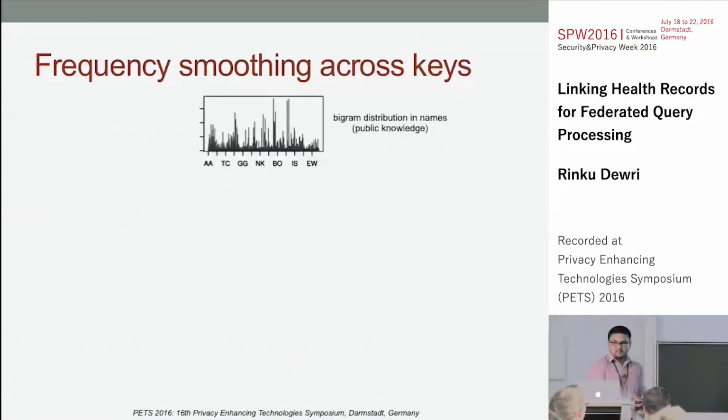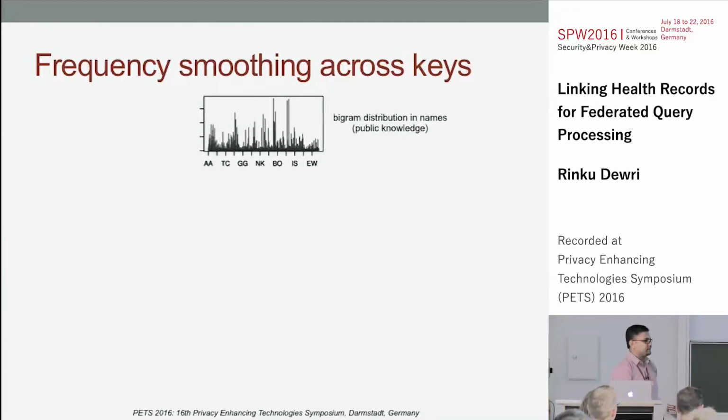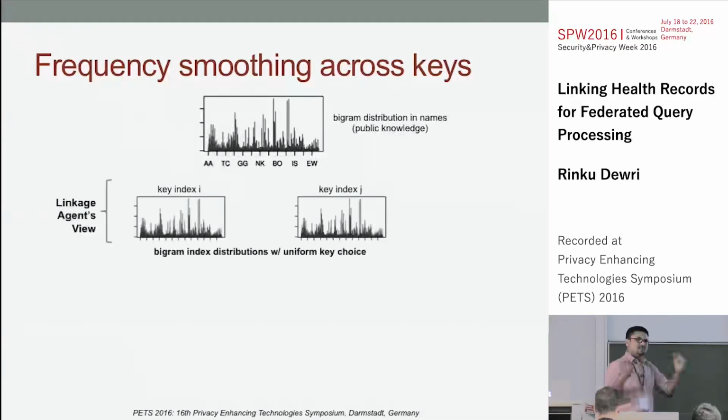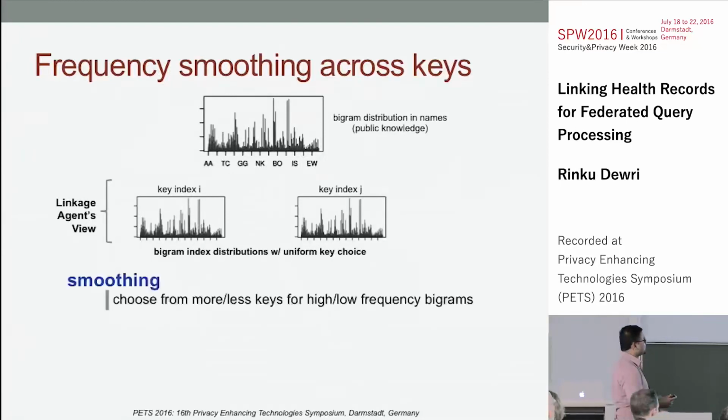Now, the problem with this method is frequency attack. If we know that there is a certain distribution of bigrams in, let's say, names, and we uniformly pick keys for use in that method, then each key will also display the same kind of distribution. So it's susceptible to a frequency attack in that case. So then what we say is, let's not pick keys uniformly at random.